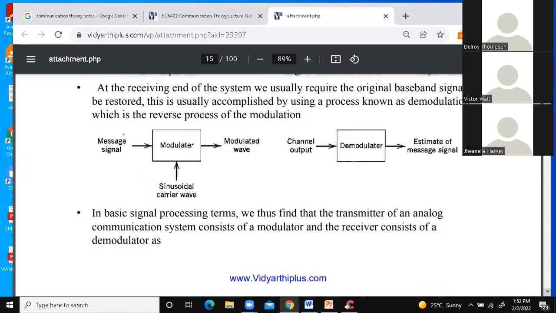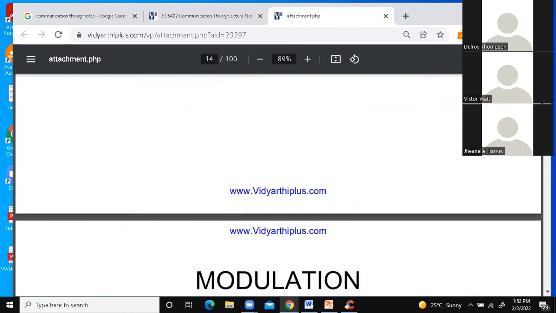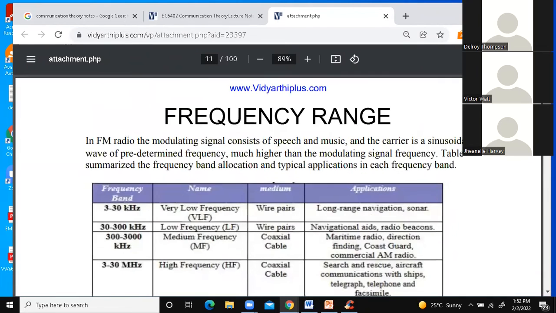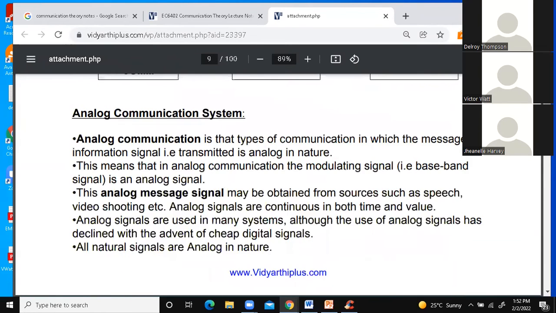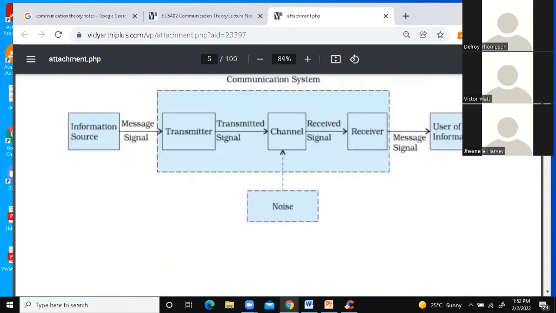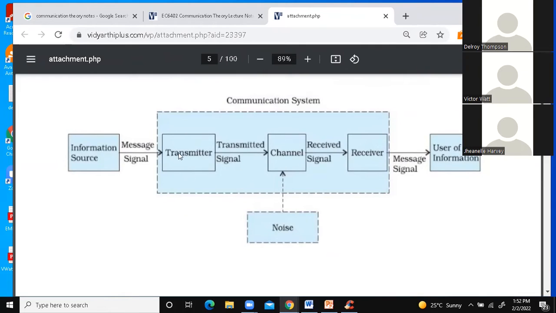If we look back at this transmitter, in this you will have a modulator.